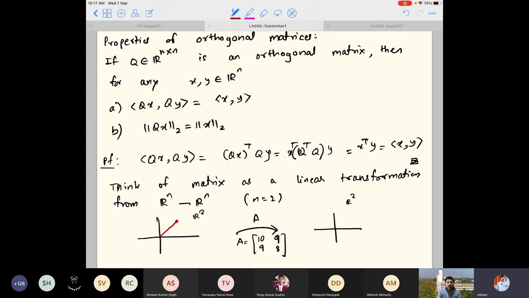When you apply this matrix on the vector (1, 1), what do you get? 19 and 17, right? So this particular vector (1, 1) in the domain gets mapped to (19, 17). It goes like this, really very far. This is the transformation A makes on the vector (1, 1).